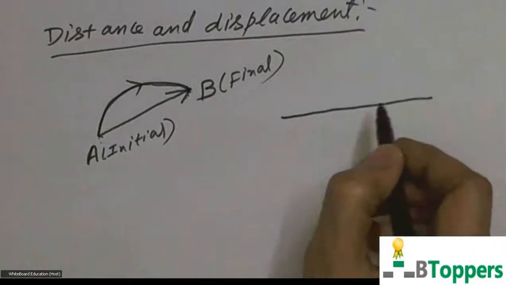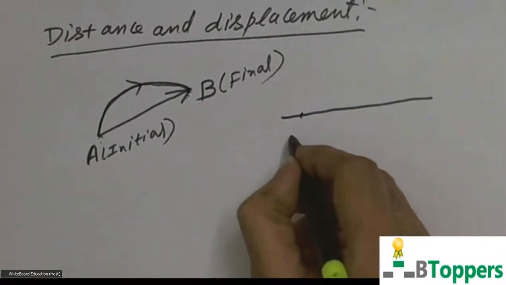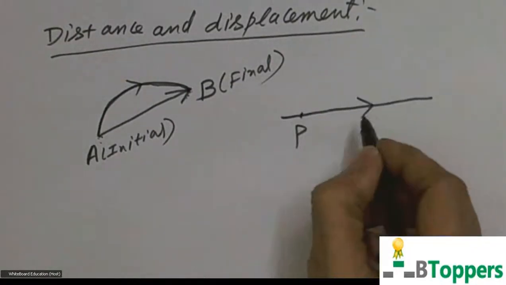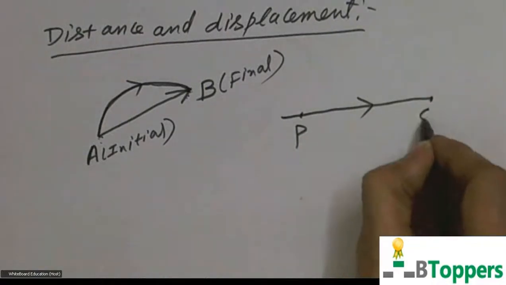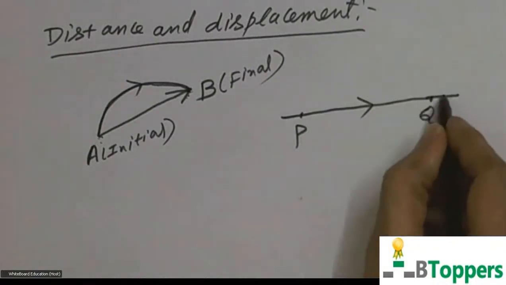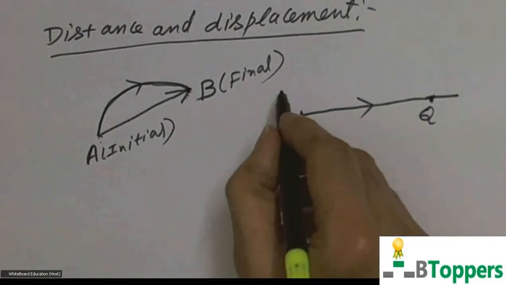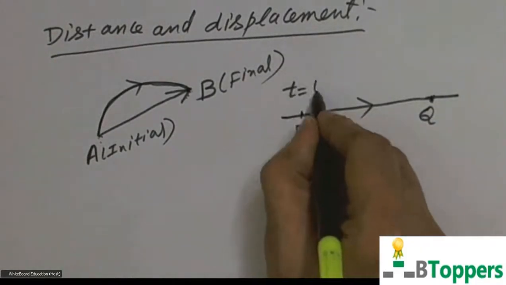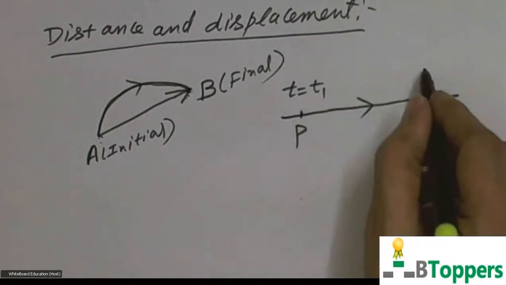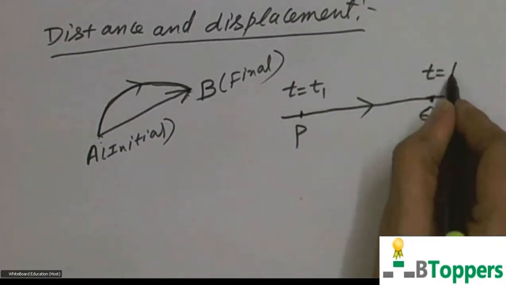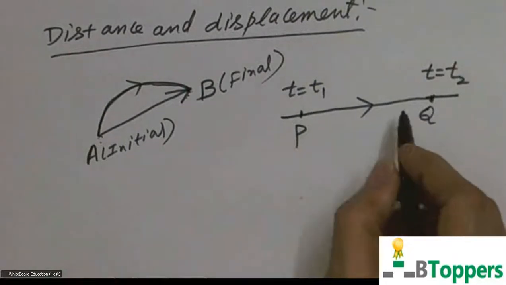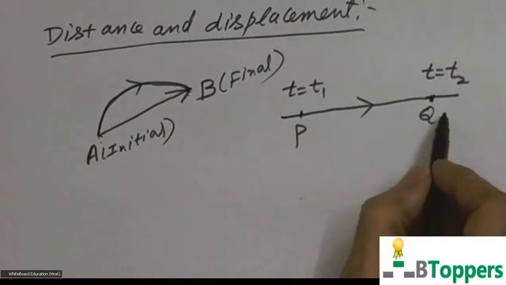Suppose the particle moves in a straight line path with no change in the direction of its motion, I mean with no change in the direction of its velocity. Let P be the position of the particle at a particular instant of time t equal to t1, and Q is the position of the particle at a later instant of time t equal to t2.